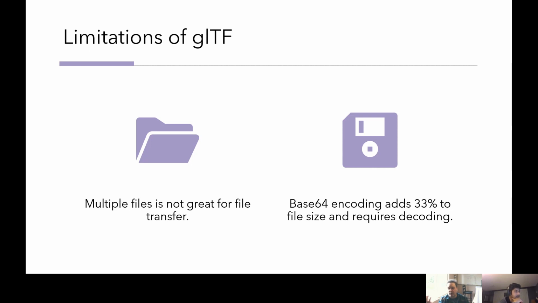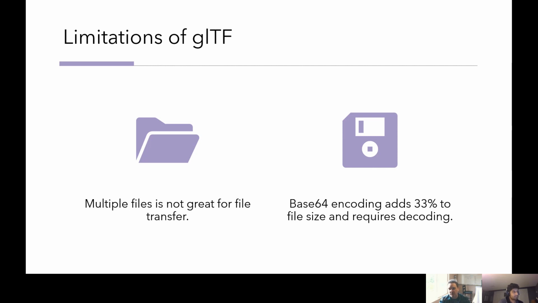Converting all the data so it fits into a string value generally adds about 33% to the file size. And it also adds a step of requiring a decoding step of converting that base 64 encoded string back to binary data. So there are limitations on either having a bunch of files that you have to fetch separately, or having all of that binary data stored in a big string. You're adding both time and size to your glTF.